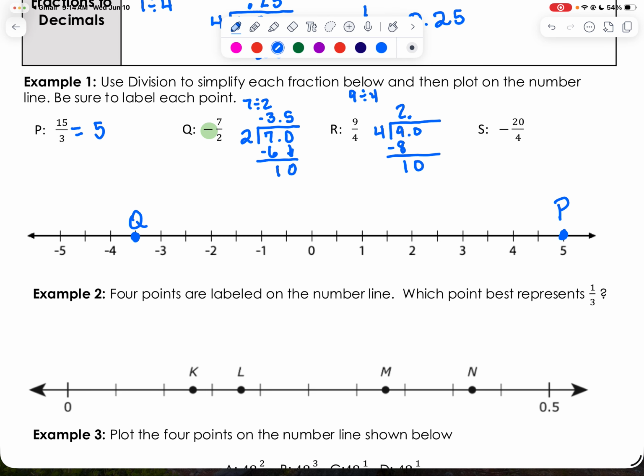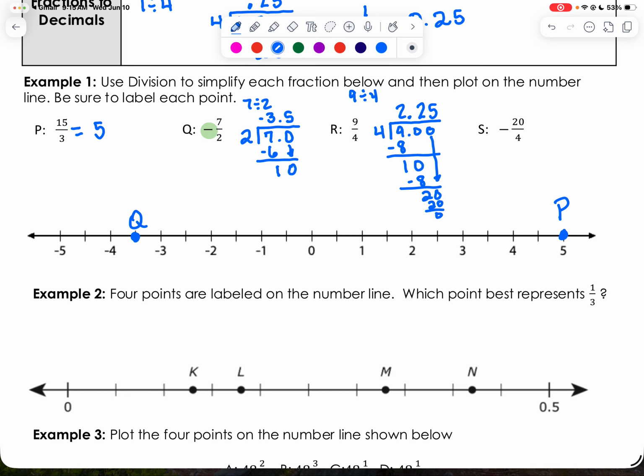Put a decimal point here. 4 will go into 10 2 times. 2 times 4 is 8. Subtract. Add another 0 here so I can bring down. 4 will go into 20 5 times. And 5 times 4 is 20. So that gives me a remainder of 0. So 9 over 4 is equivalent to 2.25.